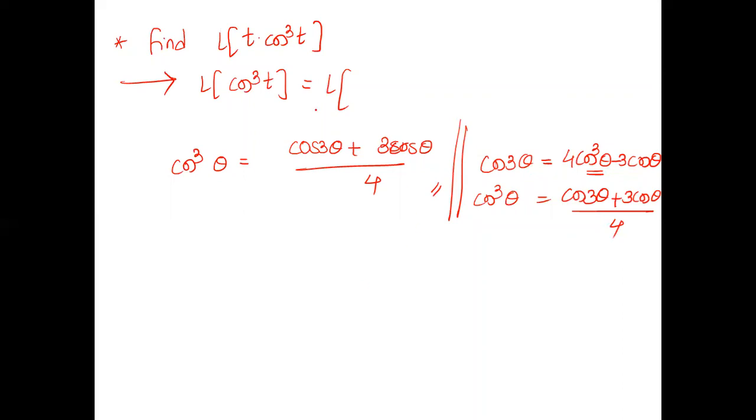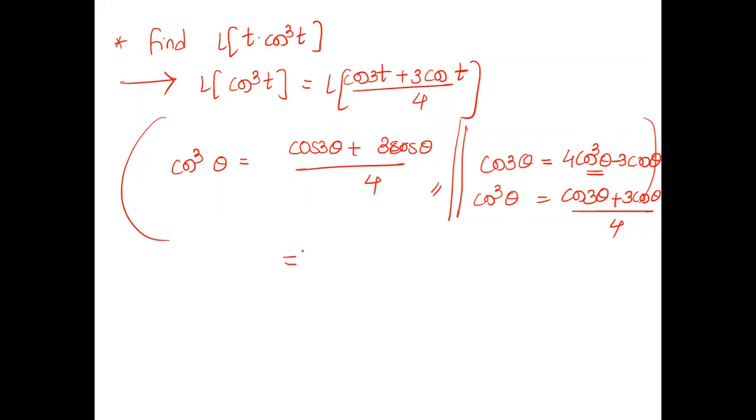So yes, you can use it here. Laplace of cos cube t is Laplace of (cos 3t plus 3 cos t) upon 4. So from this you can first apply which property?